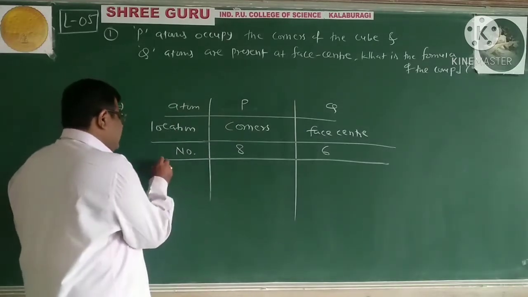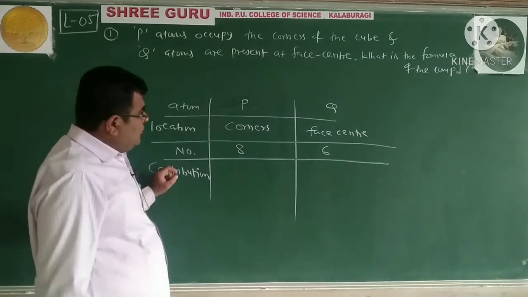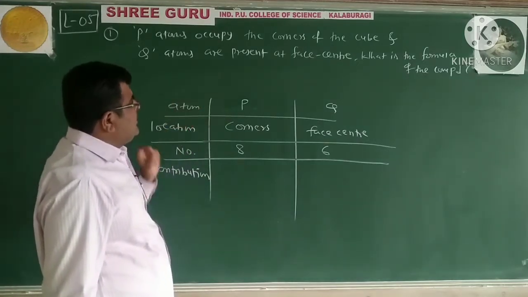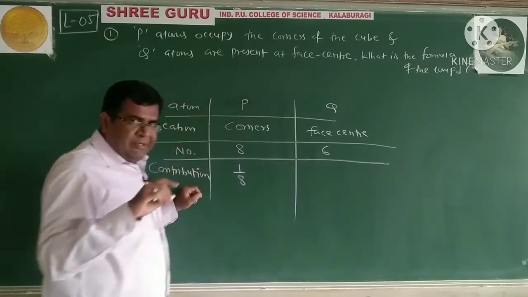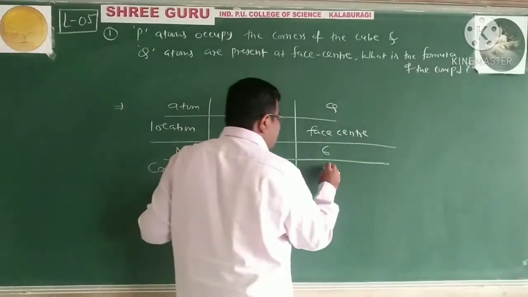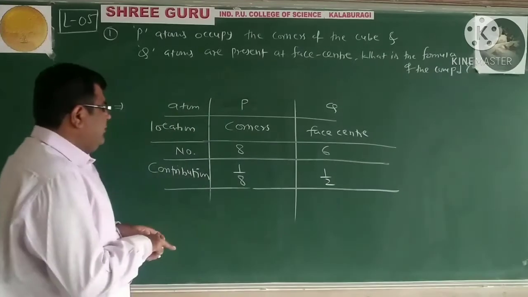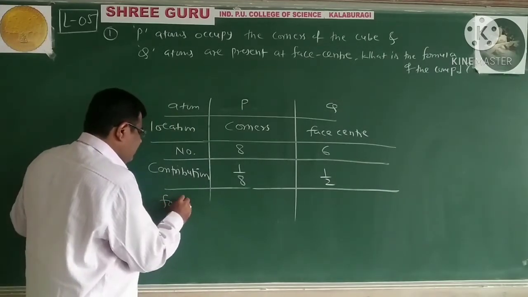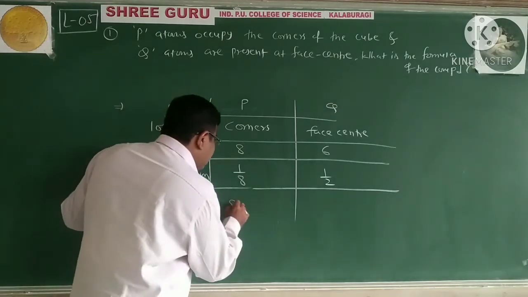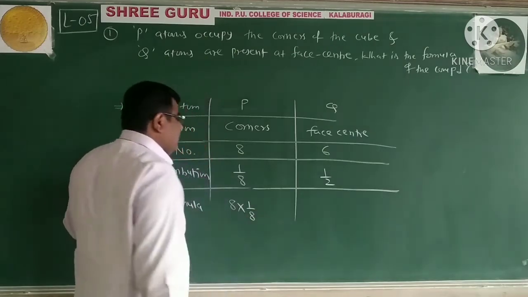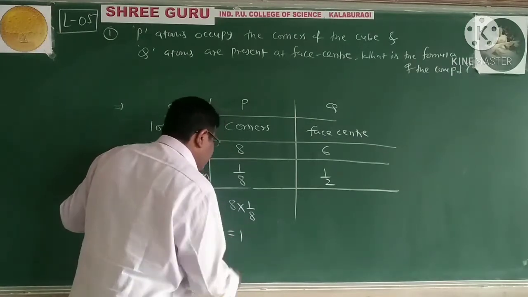Then we write their contribution. The contribution of those atoms which are present at corners is 1 by 8 because it is shared equally in 8 unit cells. Those which are at face center, half. Then we can calculate the formula. There are 8 atoms and they are present 1 by 8 part in a unit cell, so that equals 1.